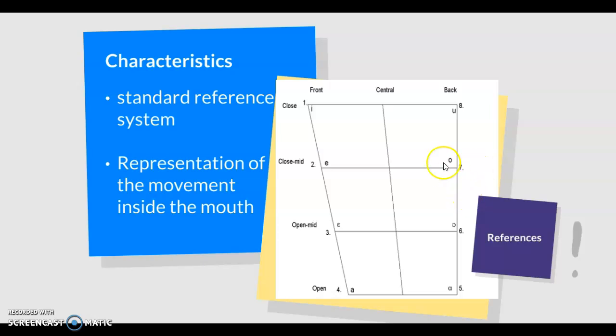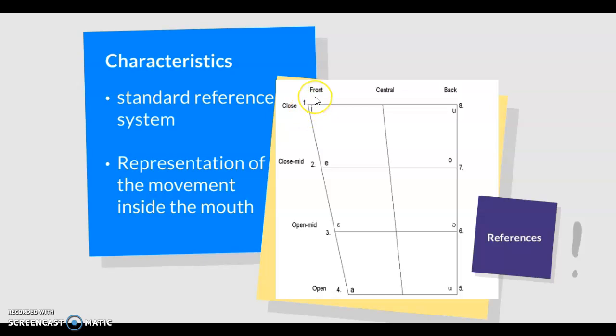They are a reference system. These symbols that you have here are reference symbols. They are not the symbols that we need for transcription.